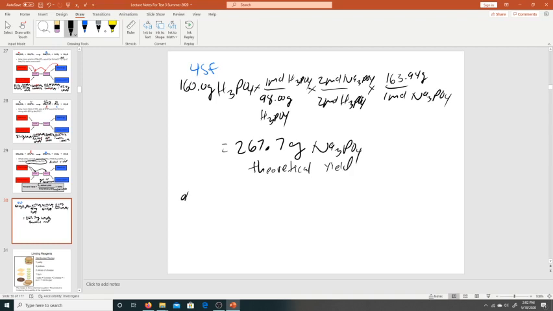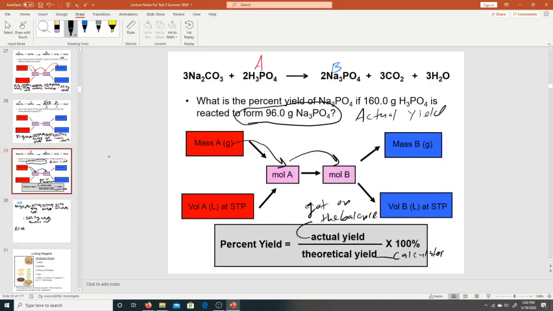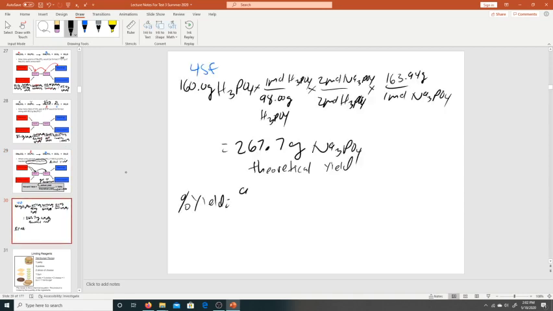So percent yield. That's the actual yield. Now we're told the actual yield was 96.0 grams. We'll divide that by 267.7 grams, times 100. We'll round the final answer to 3 sig figs, since 96.0 has 3 sig figs.